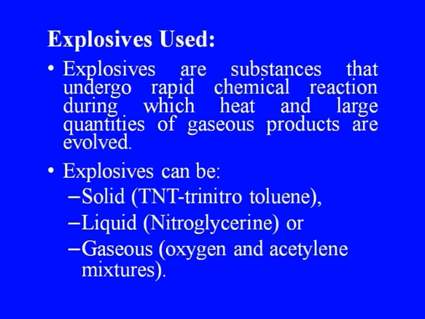Now, let us look at the different explosives that are used in these processes. The explosives are generally substances that undergo rapid chemical reaction, during which heat and large quantities of gaseous products are evolved.